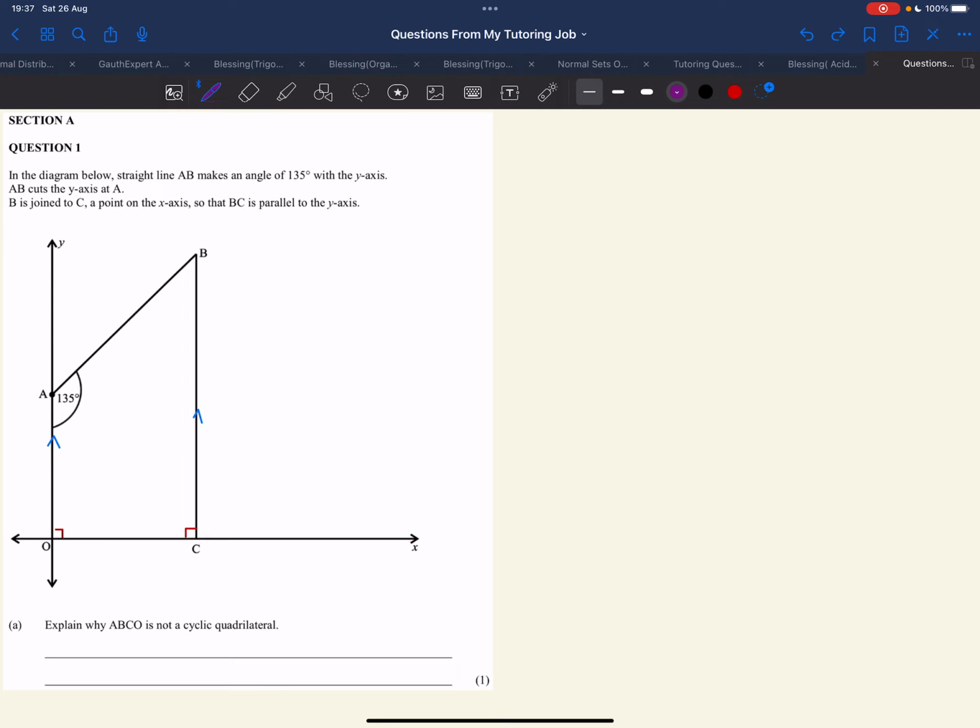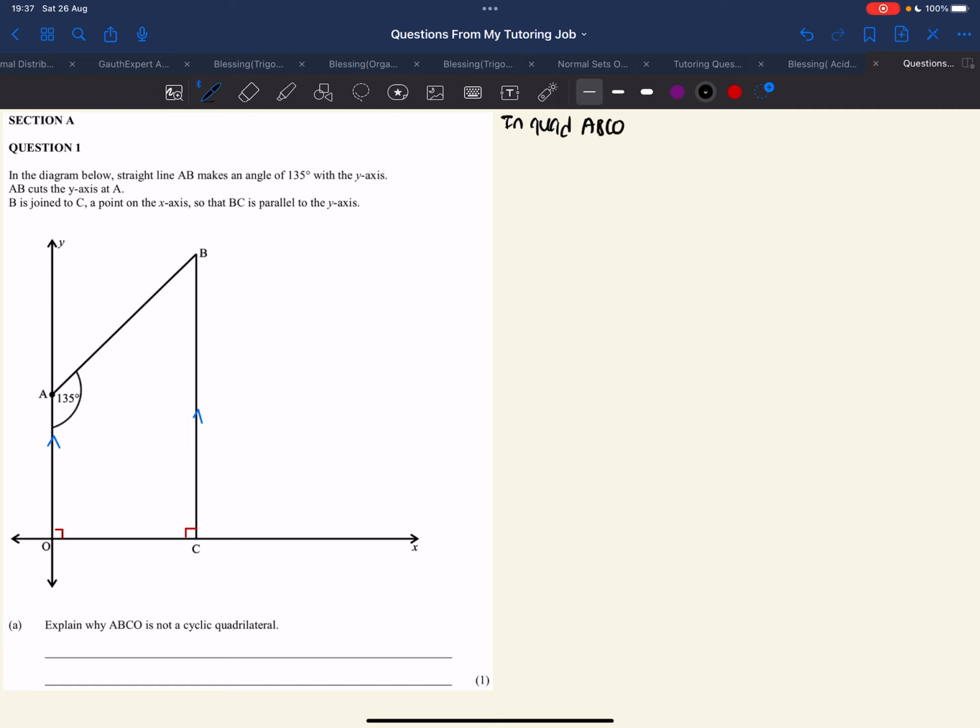All right, so let's just write that in notes. In question A, they want us to explain why ABCO is not a cyclic quad. What we are going to do is write it out in words and explain why. So we are in quad ABCO.